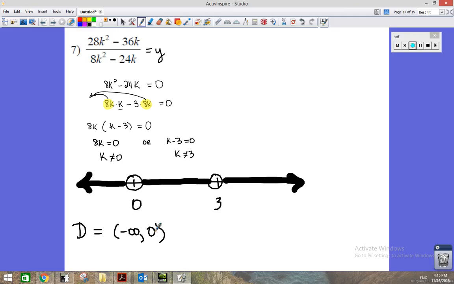We have an open parenthesis here, not a bracket. Since we have a second interval, we have a union. The second interval is between 0 and 3, and it doesn't include the endpoints. And we have a third interval, so we need a union, and it's 3 to infinity, but it's not including 3. There's my domain for this one.